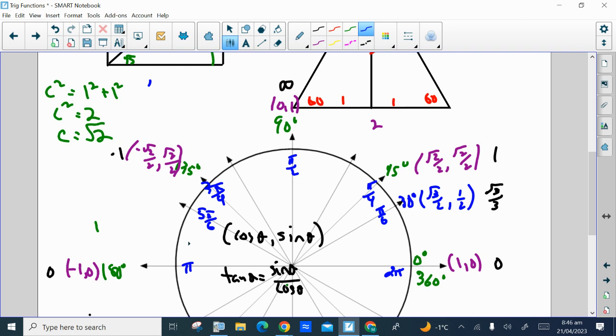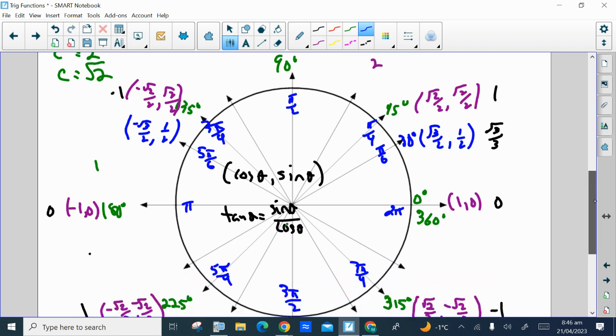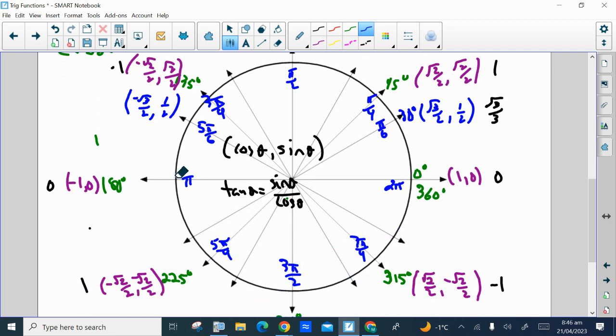And again, our values will be the same. The only thing that will change is whether it's positive or negative. So the x value is negative root 3 over 2. The y value is positive 1/2.